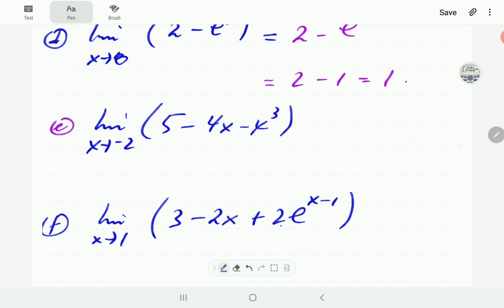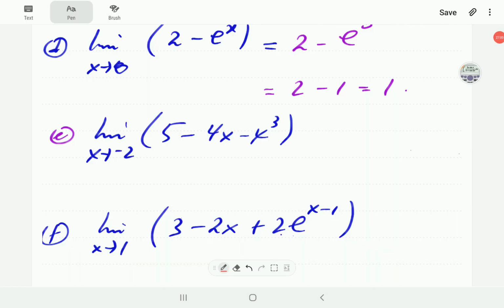If you'd like to have a go at those two, just pause the video and have a go at them, and then when you continue the video you can compare with our answers.